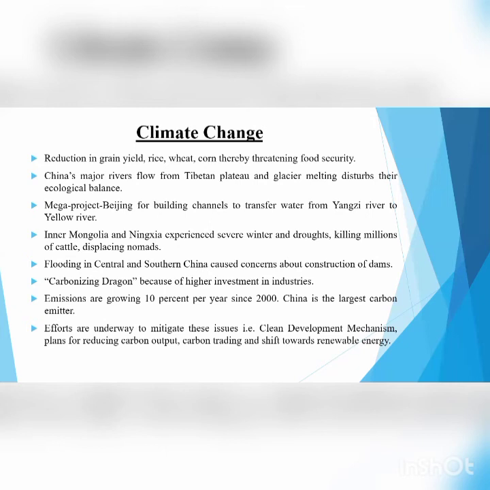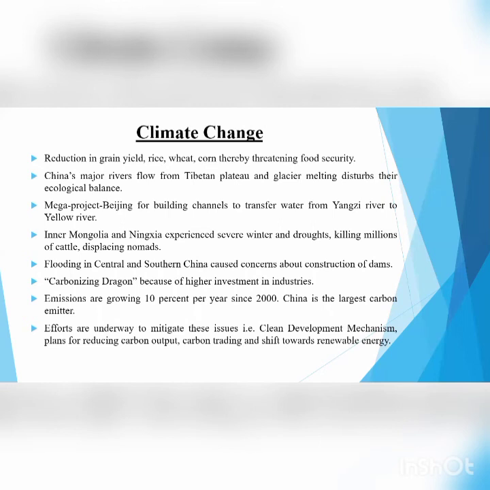Then Inner Mongolia and Ningxia started to experience severe winters and droughts, which killed millions of cattle and displaced nomads too. Then flooding in southern China and central China caused concerns about the construction of dams.